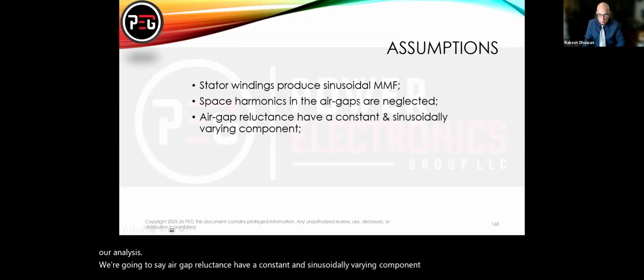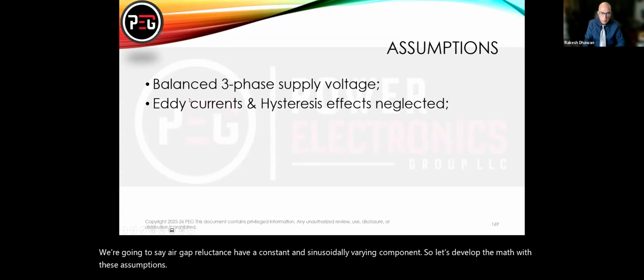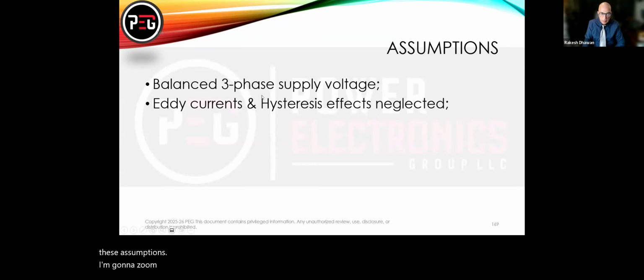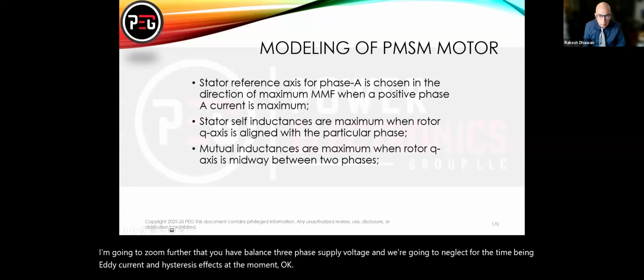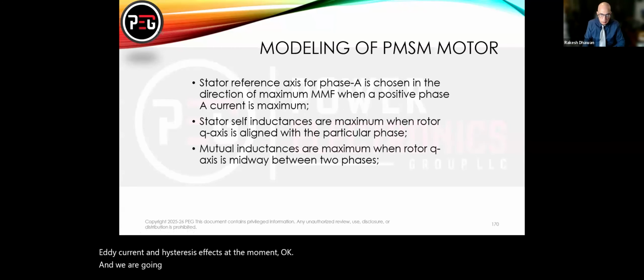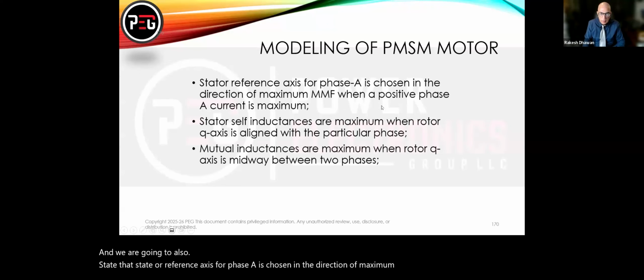So let's develop the math. With these assumptions, we can assume further that you have a balanced three-phase supply voltage, and we're going to neglect for the time being eddy currents and hysteresis effects, okay? And we are also going to state that the stator reference axis for phase A is chosen in the direction of maximum magnetomotive force when a positive phase A current is maximum.